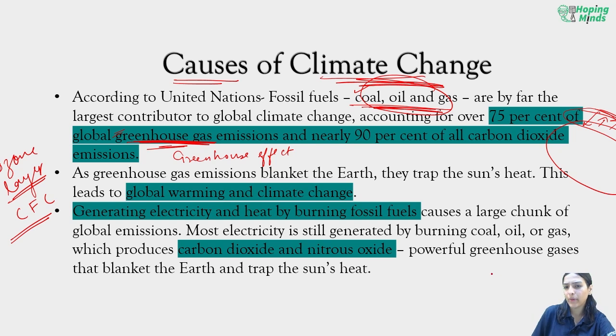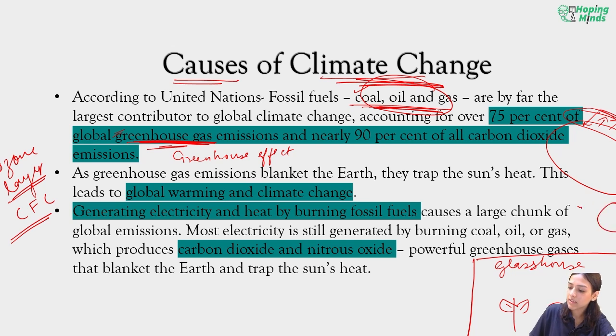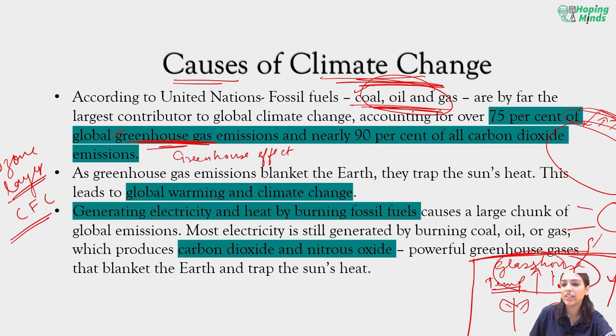A simple example we can see: if you put up a plant, let's say, and put it in a glass house where there's sunlight coming in, but there's no way the heat goes outside, we will notice the temperature of this glass house will begin to rise.